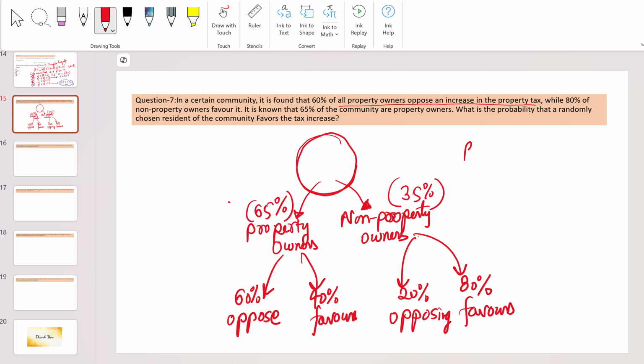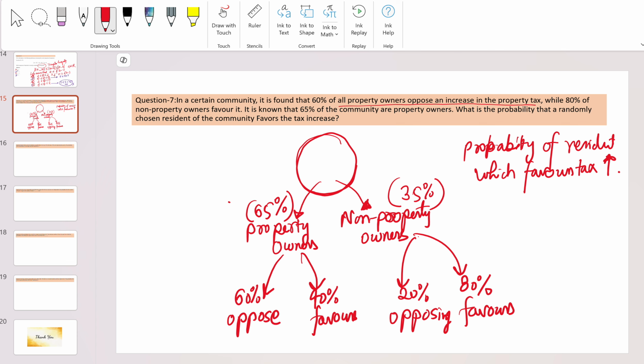What is the probability of selecting a random resident which favors the tax increase? Okay, so it is saying that you have to guess a random person out of all the contexts such that they will be favoring the tax.